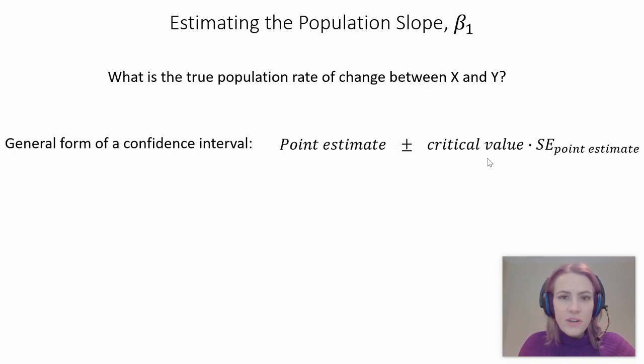That margin of error consists of the product of a critical value times the standard error of the point estimate. So if we're trying to estimate the population slope, what do you suppose the point estimate would be? I actually mentioned this briefly a couple minutes ago, but we'll see if you were paying attention.